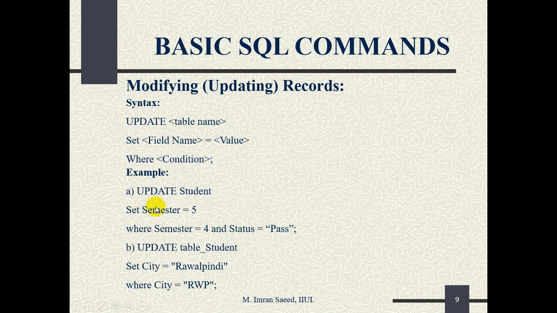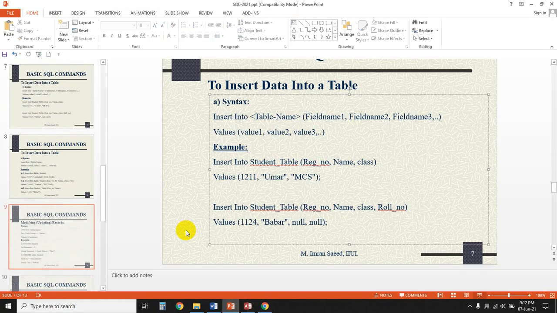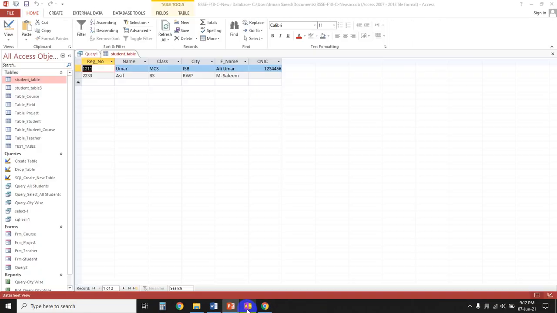It is asking to make the semester value 5 for all records where semester is equal to 4 and status is equal to pass. So wherever in the table it finds that semester is 4 and status is pass, it will automatically change this 4 into 5 if this condition is true, right?